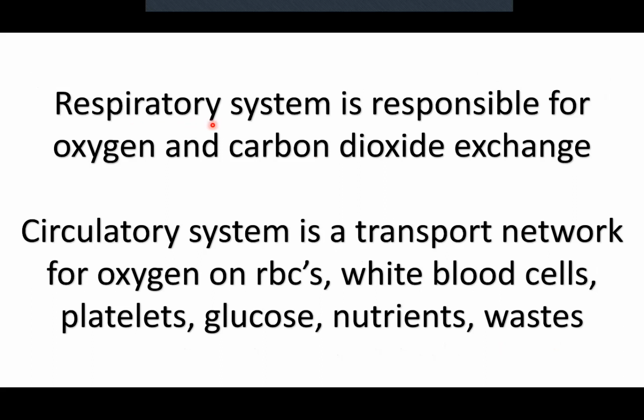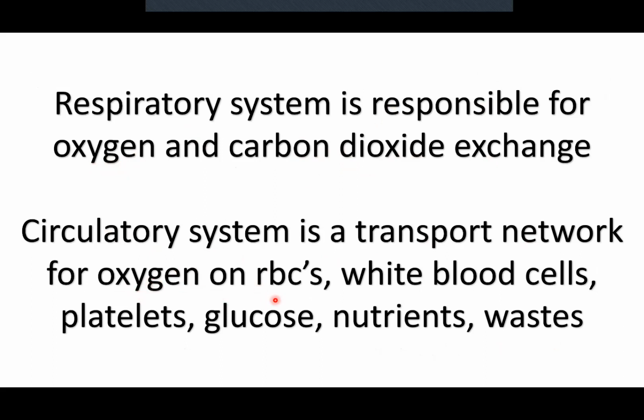So the respiratory system is responsible for oxygen and carbon dioxide exchange. So you need to take oxygen in to use for cellular respiration, and a byproduct or a waste product of cellular respiration is carbon dioxide, which you need to get out. And the circulatory system acts as a transport network for oxygen and carbon dioxide.